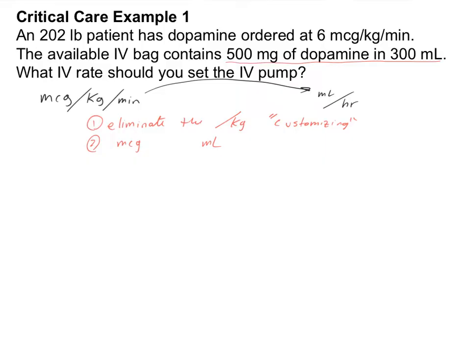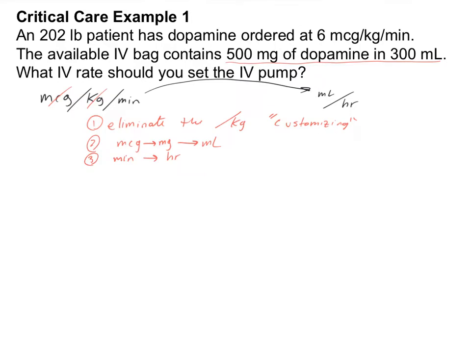So I'm going to need to convert micrograms to milligrams first, and then I'll be able to go into milliliters. Once we get rid of the kilograms and the micrograms, the last thing to do will be to convert minutes into hours. So there's a lot going on in this problem, but if you are comfortable with dimensional analysis, it truly is no different than many of the problems we've already seen in this course.